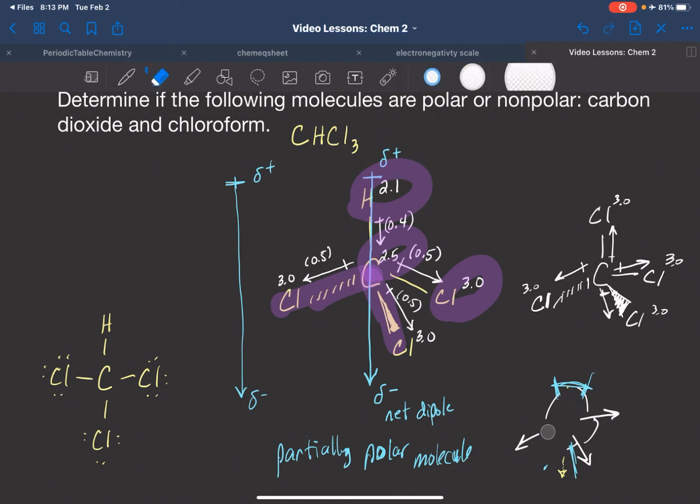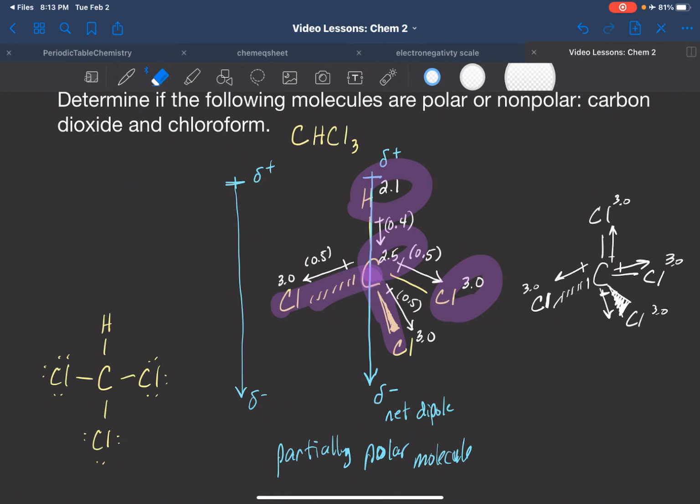I hope that helps a little bit. We would say something like this is partially polar. So now you've seen polar, you've seen nonpolar. It's all about looking at the electronegativity values and determining if there is a net dipole.